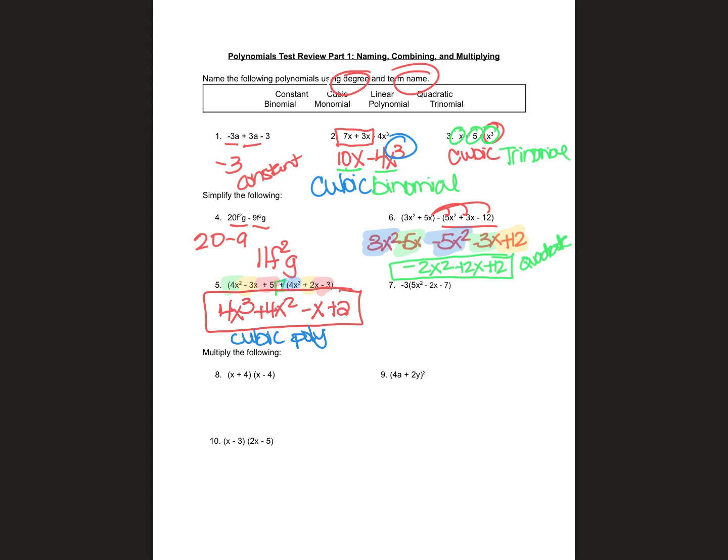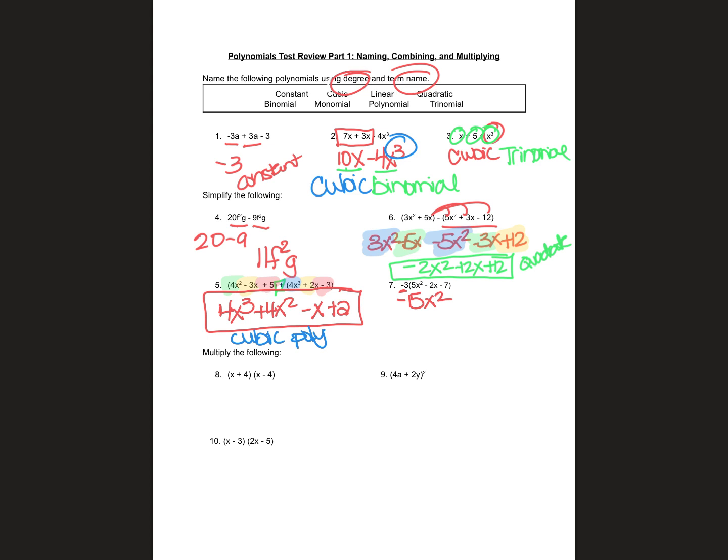Let's look at number 7. Number 7, the first thing you need to do is to distribute this negative 3 to everything in those parentheses, okay? So I have that negative 3 times 5x squared, just negative 15x squared, okay? Then I have that negative 3 multiplied by negative 2x.